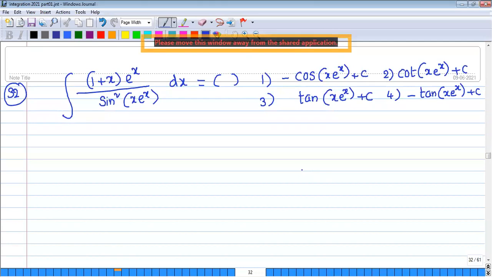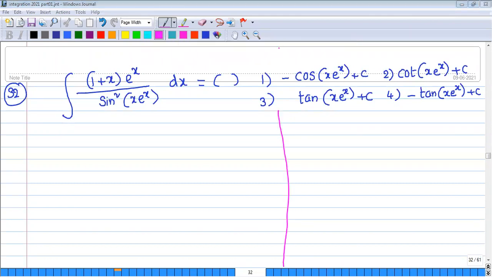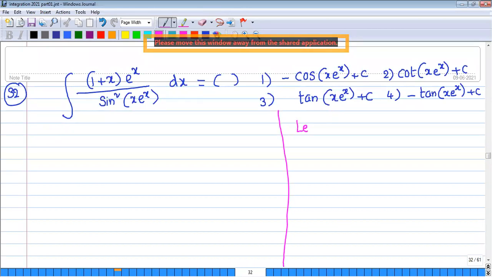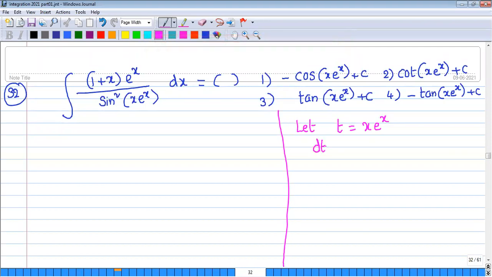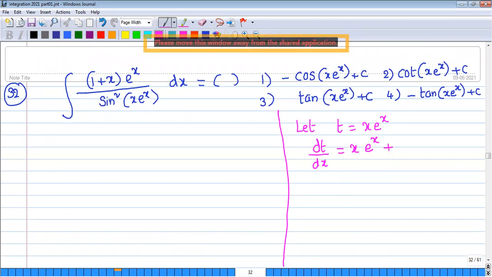So if you observe the options, that means we need to select x e power x as the substitution t. So let us say t is equal to x e power x. dt by dx is equal to, by uv differentiation, x into derivative of e power x, which is e power x, plus e power x into derivative of x, which is 1.